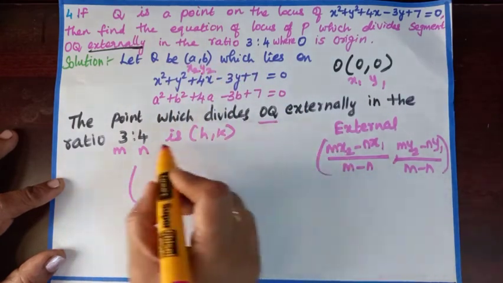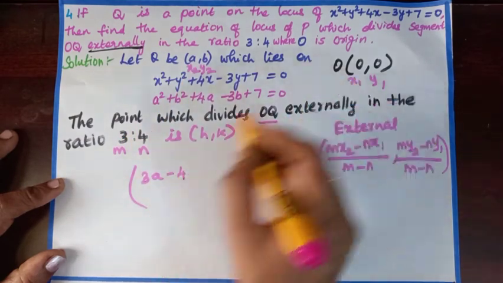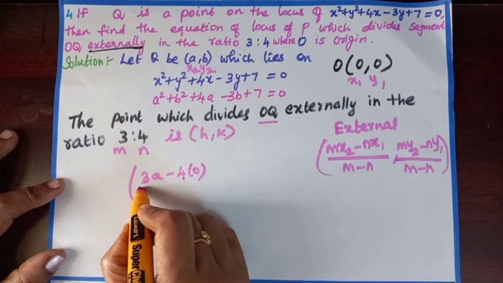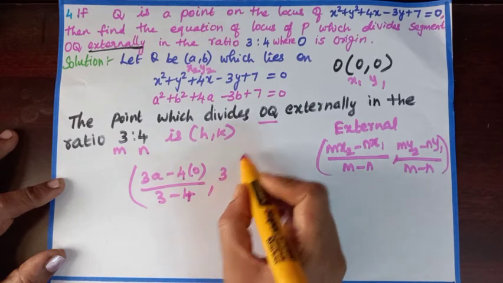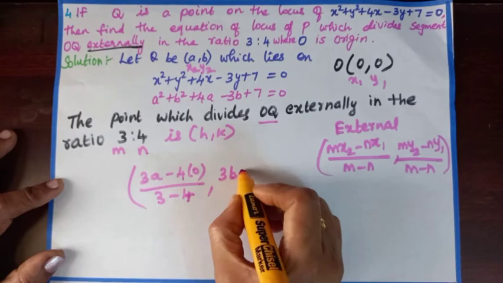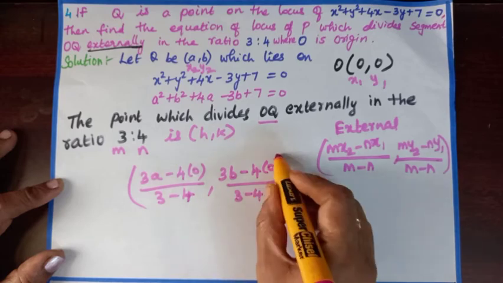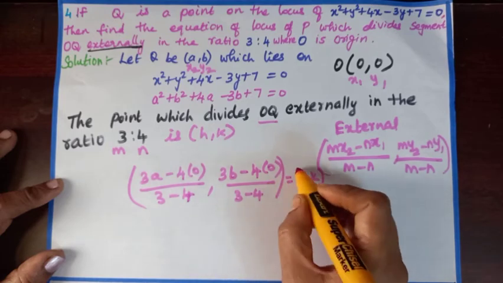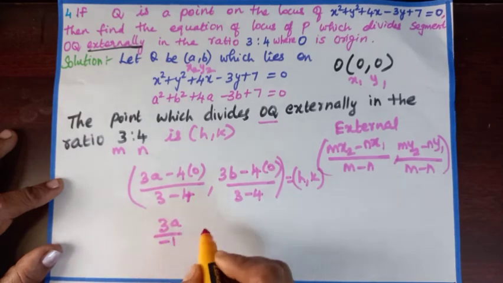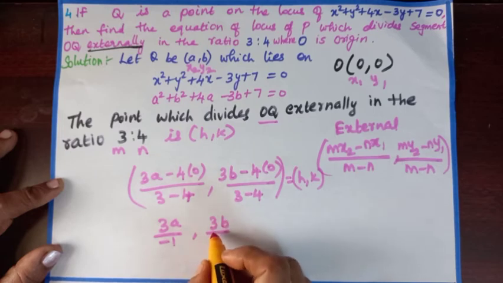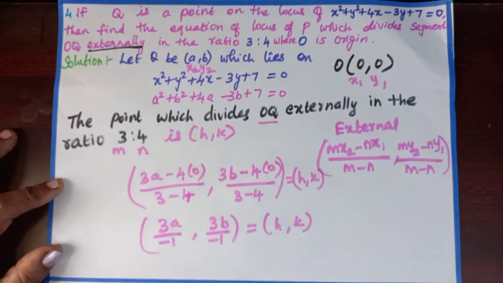Then we get (3a minus 4 into 0) by (3 minus 4), comma (3b minus 4 into 0) by (3 minus 4), which is equal to (h, k). Then we get (minus 3a, minus 3b) equals (h, k).